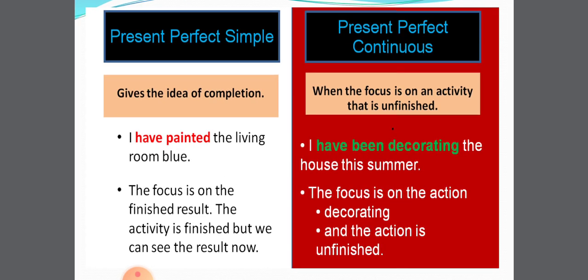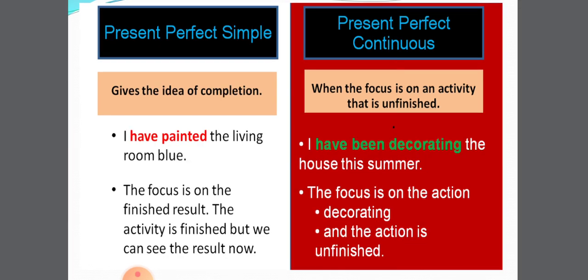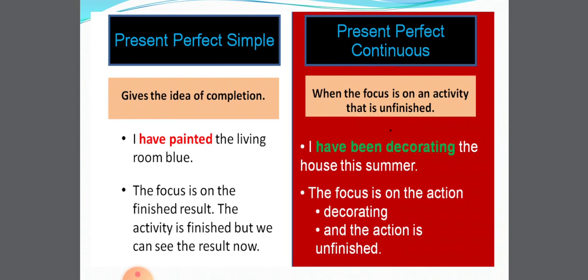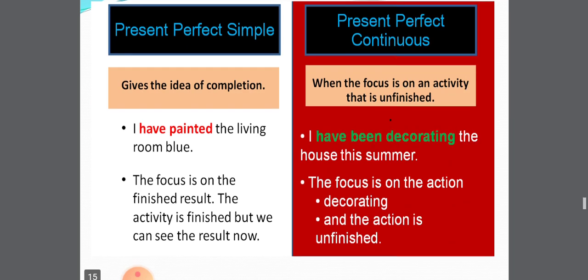So, for example, I have been decorating the house this summer. This summer means a period of time of the summer season, isn't it? I have been decorating the house this summer. The focus is on the action, decorating, and the action is unfinished. Why? Because it is still continuing. So this is the basic difference of present perfect and present perfect continuous.